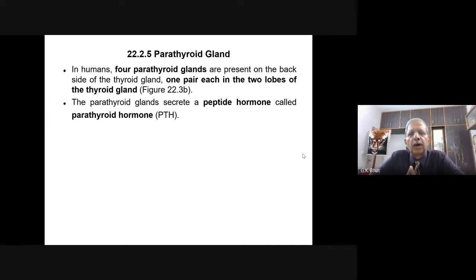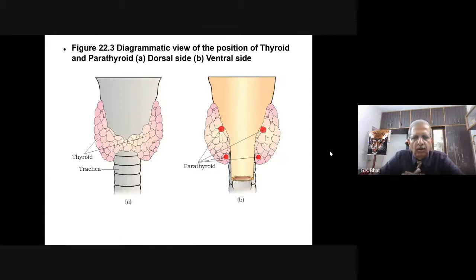The parathyroid hormone, which is abbreviated as PTH, is a peptide hormone produced or secreted by the parathyroid glands. Look here. This is the diagram showing you the position of the parathyroid.